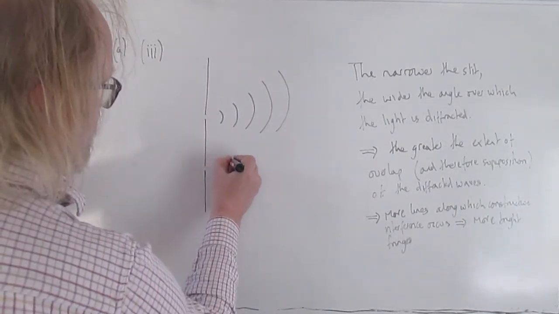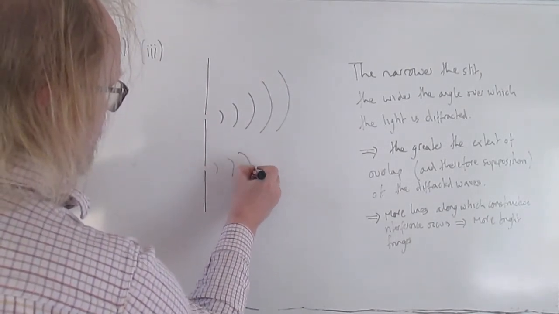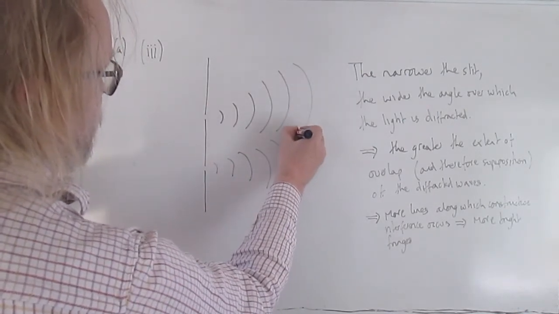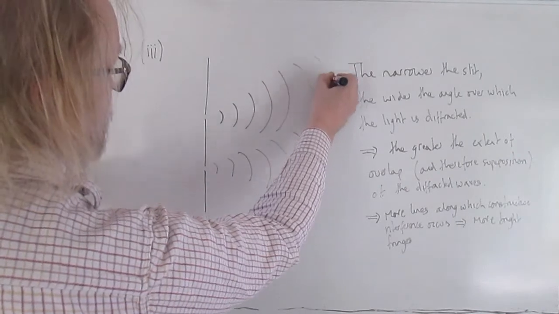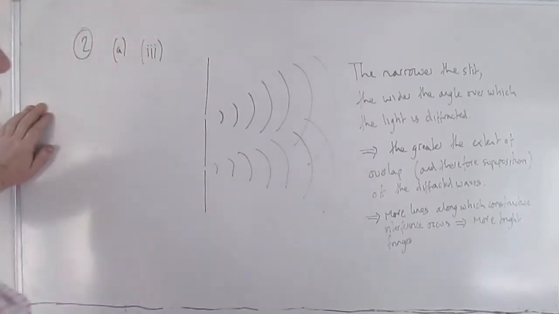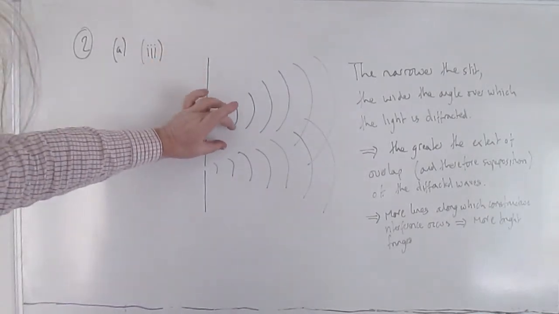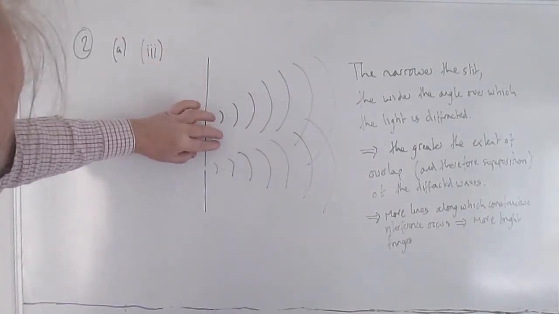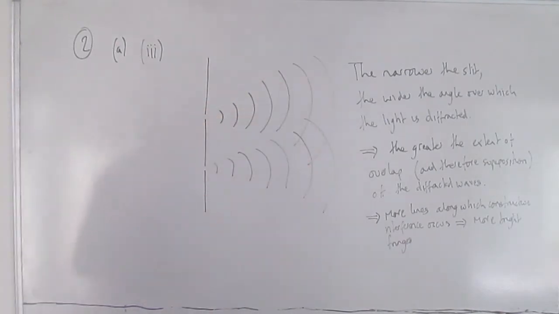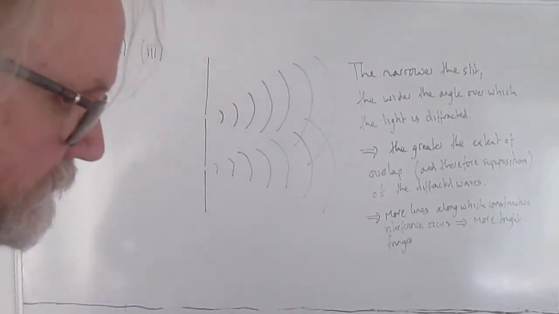And so you can see that in this situation you're only going to get really quite limited overlap, like so. Because along here there is just not sufficient intensity for overlap, so you're going to get quite limited overlap like that.